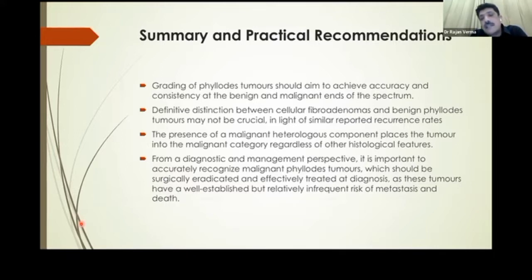As per journal articles, it's about 15 to 20% for phyllodes, and fibroadenomas about 12 to 15%. And the presence of a malignant heterologous component, as I told you earlier, such as angiosarcoma, osteosarcoma, liposarcoma, places the tumor into the malignant category regardless of other histological features, which is very important.